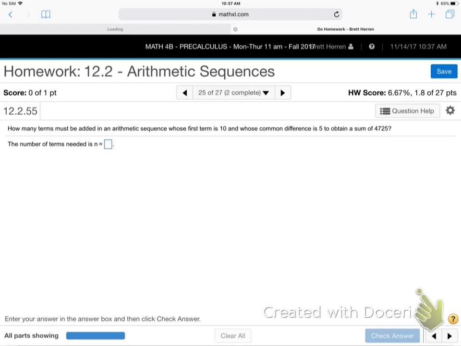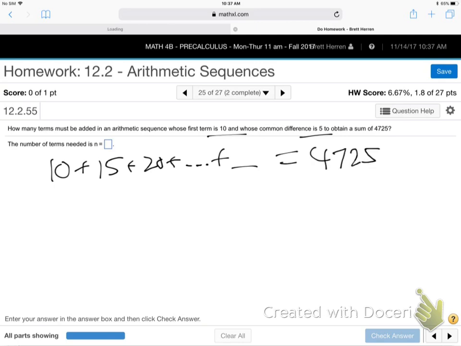How many terms must be added in an arithmetic sequence? First term is 10. Common difference is 5, so it's going up by 5 every time. And you want them to all, I don't even know what the last one is, you want them to all add up to be 4725. That's the sum.